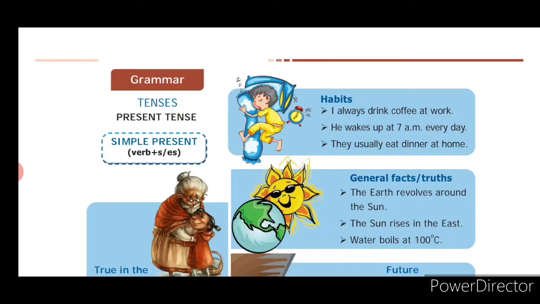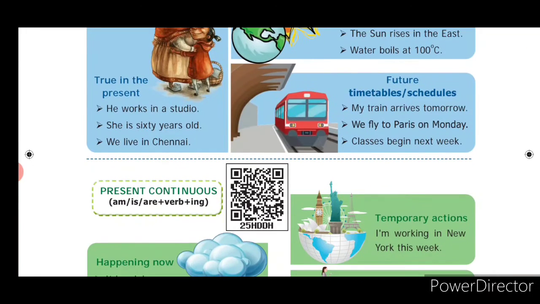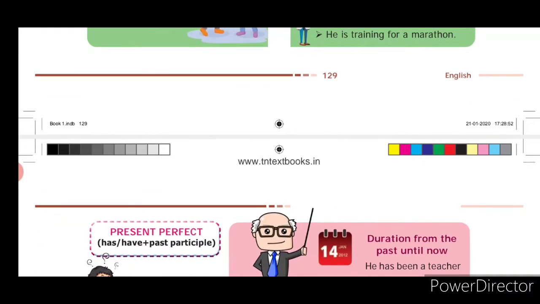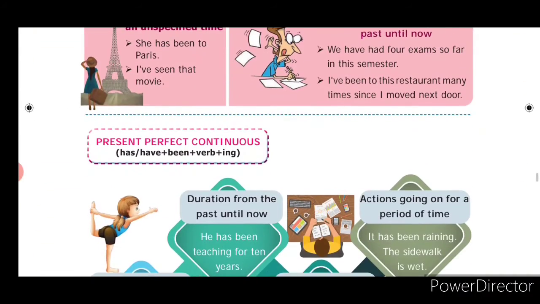Okay. So now this tense, present, past and future, is further divided into four aspects. That is, present tense is divided into simple present tense, present continuous, present perfect and present perfect continuous tense.